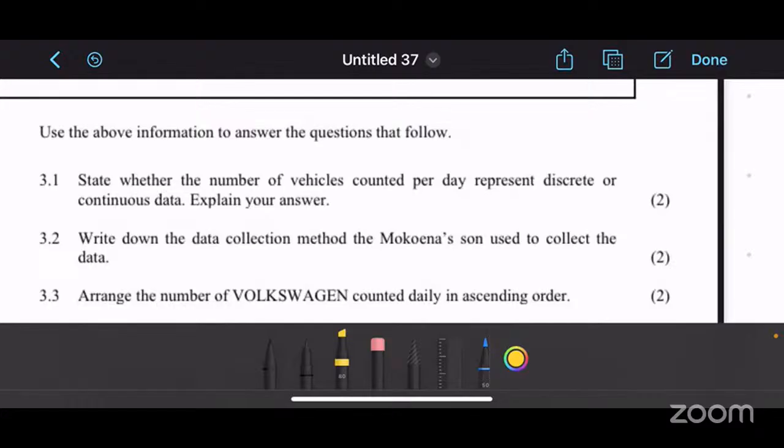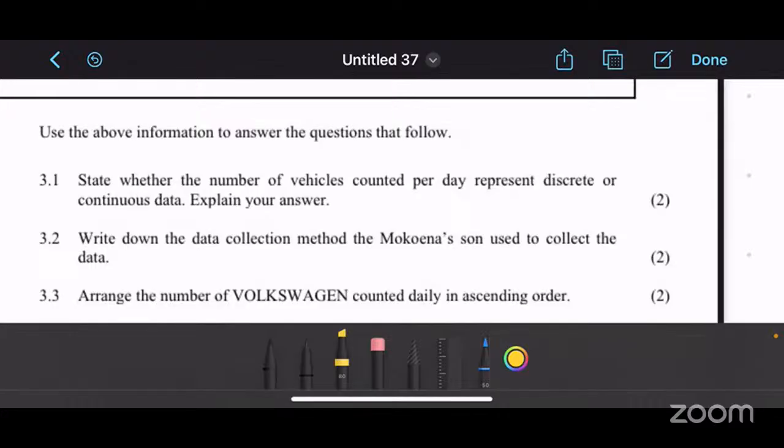So, but ma'am, I said it's discrete because isn't the number of vehicles in whole numbers? It doesn't have decimals, you see. Okay. So basically, the difference between continuous and discrete: continuous is measured and discrete is counted.